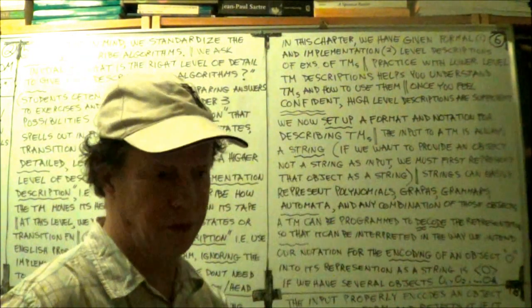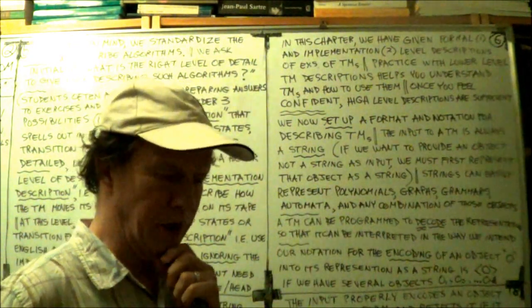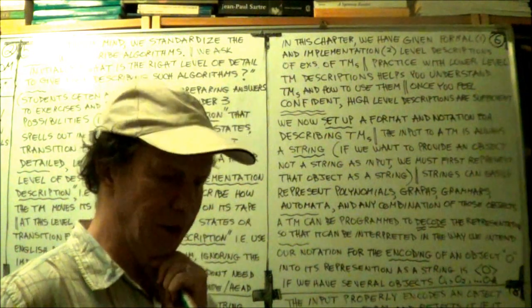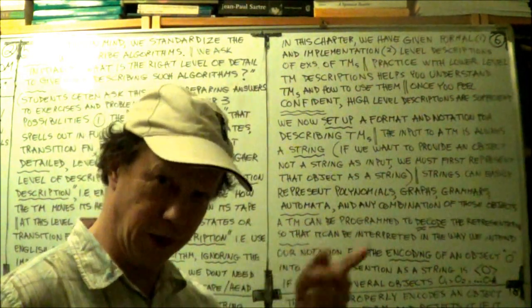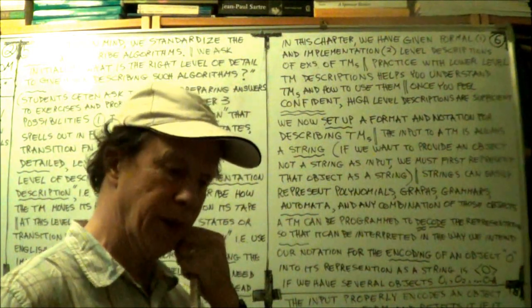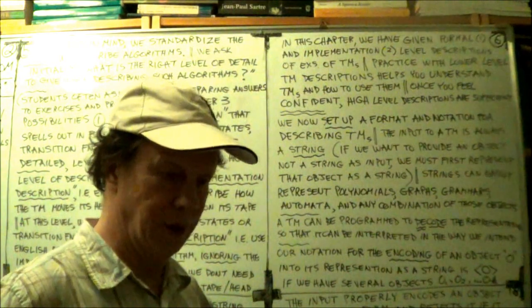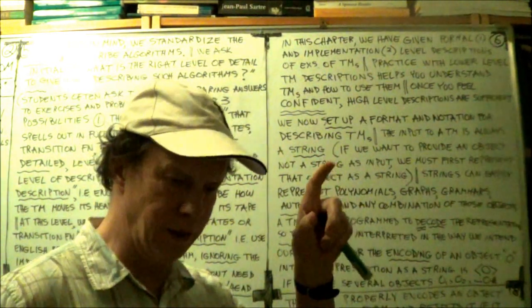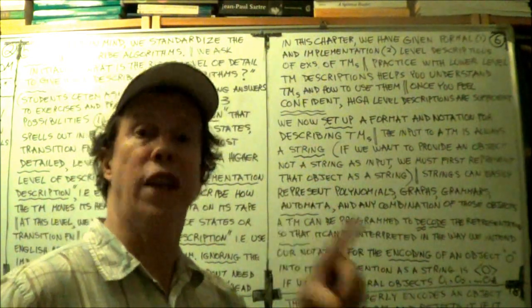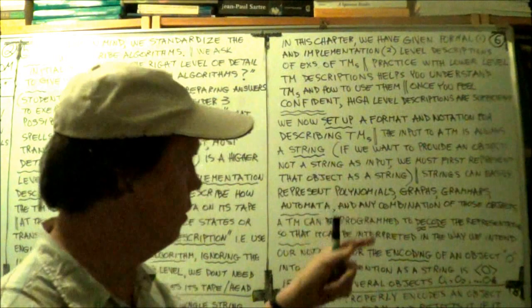So first thing, talking about the creation of a standard description of an algorithm, and hence the corresponding Turing machine that implements it. So we'll talk now about standards, formatting and notation and so forth of the string. That's the first item on the agenda, so to speak.